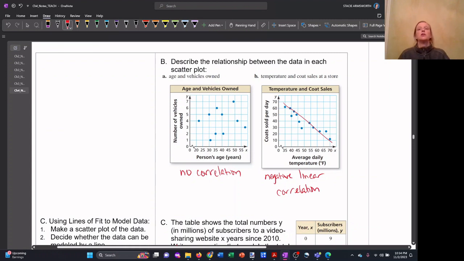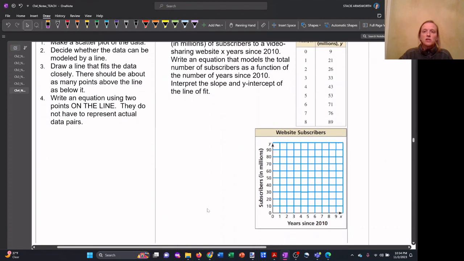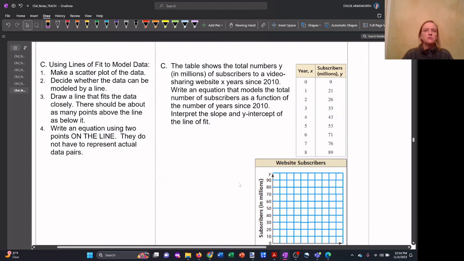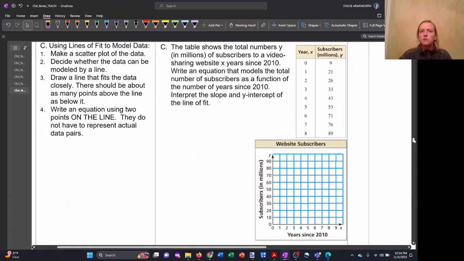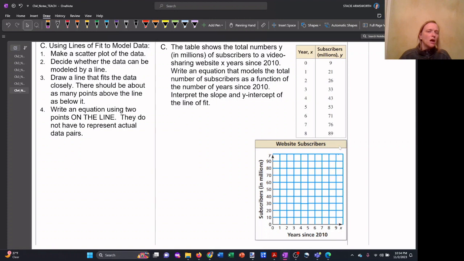Let's look at how to handle scatter plots and interpret them starting from scratch. In these examples, I gave you graphs and we interpreted them. Now let's do the graph ourselves. Here we have some data that show the total number of subscribers to a video sharing website X years since 2010. We saw this in the last section.